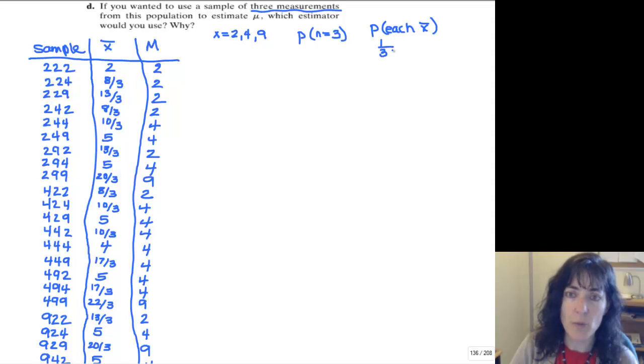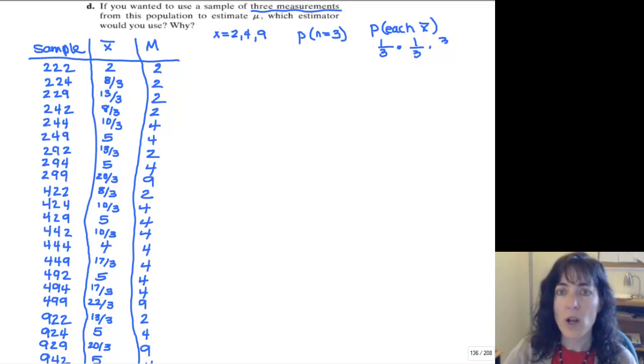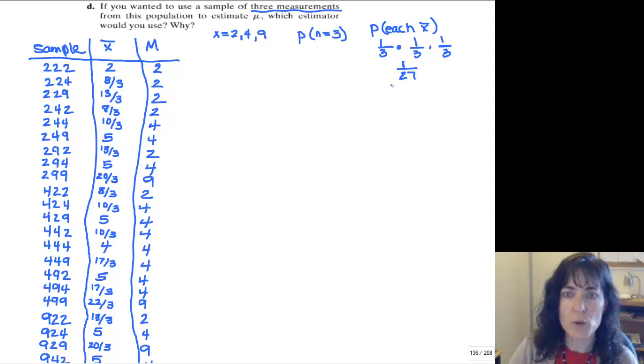So I'll have the probability for the first draw, the probability for the second draw, probability for the third draw. Now we knew each probability was 1/3, and that's from that table that's at the top of the page. So when I multiply all those together, I get 1/27.